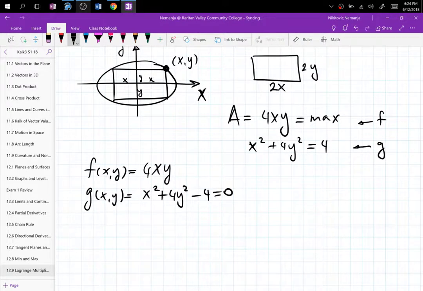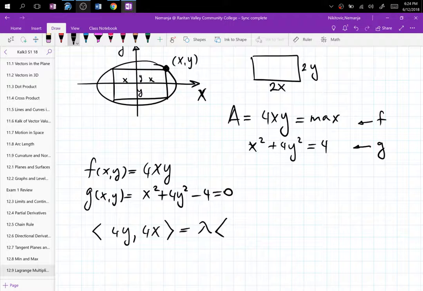So now I have partial x, which is 4y, partial y, which is 4x, is equal to lambda times 2x partial derivative by x and 8y partial derivative by y.